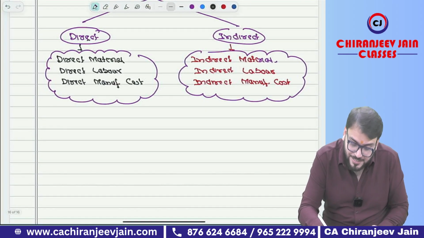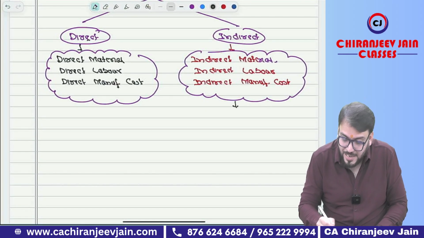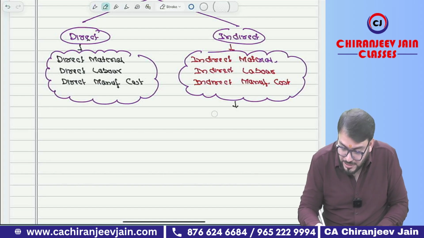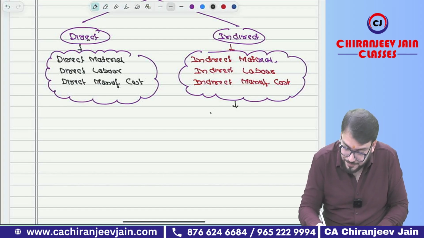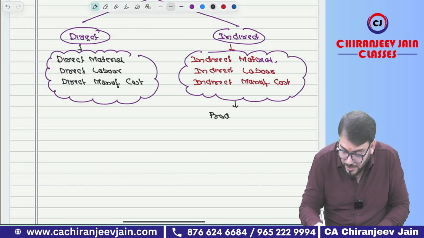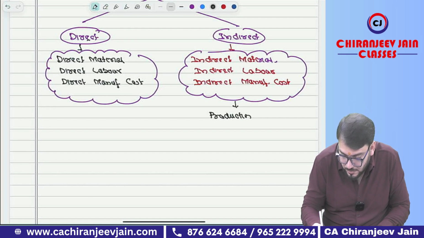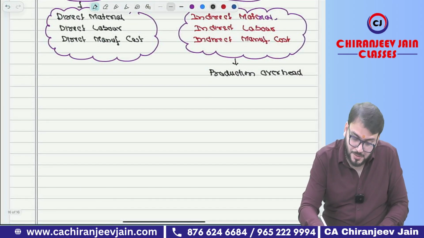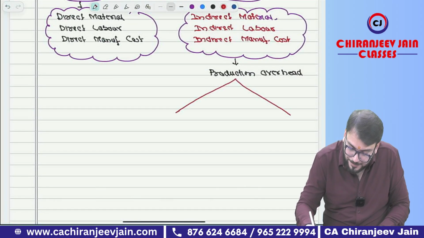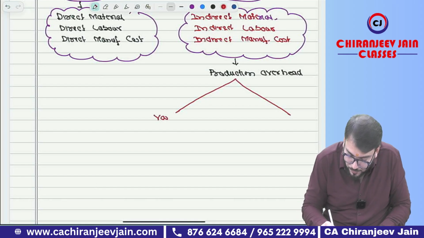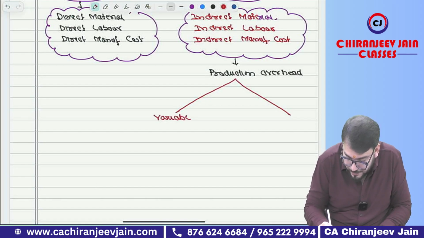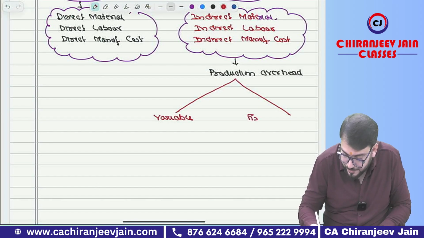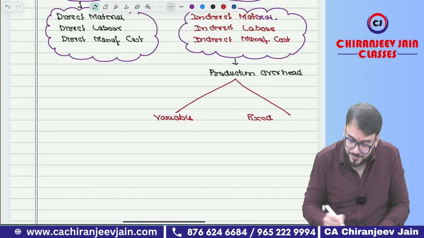Now this indirect cost is known as production overhead. We call it production overhead. Correct? Now production overhead is of two types. One is variable, one is fixed.